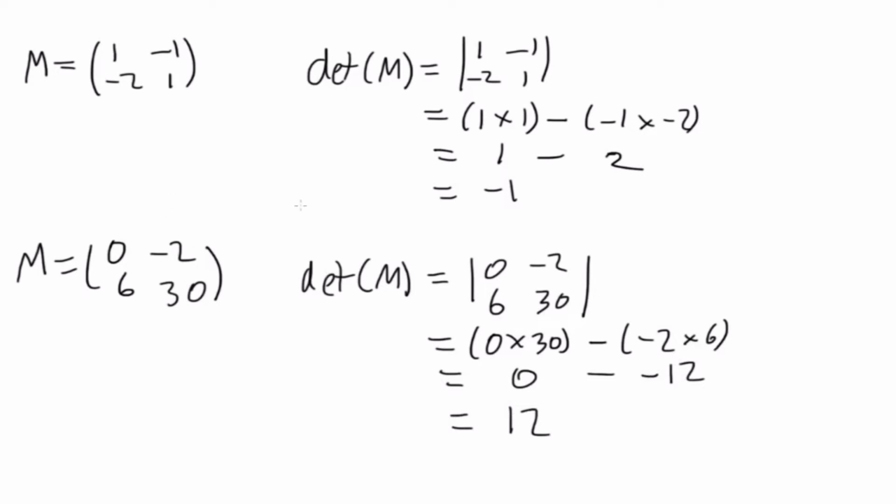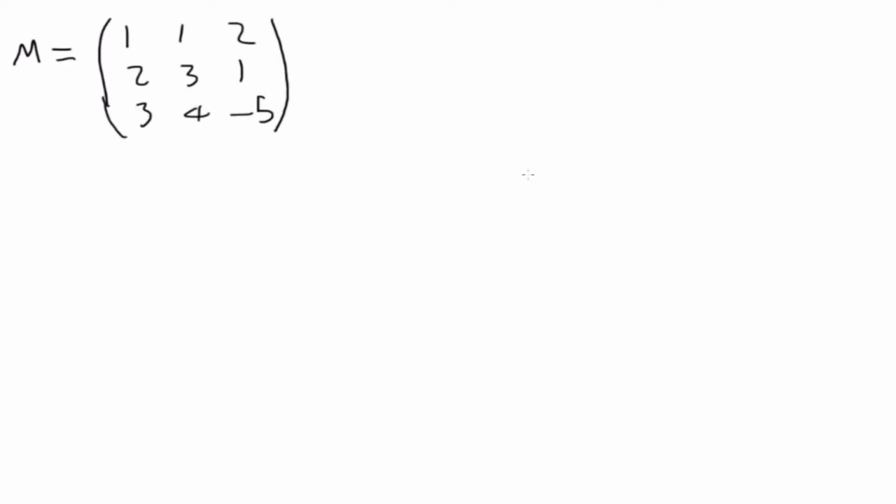This next example is going to be a little bit harder, and we're going to a 3x3 matrix: 1 1 2, 2 3 1, 3 4 minus 5. There's a little rule we have to follow.